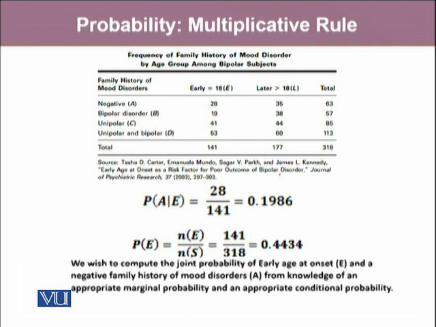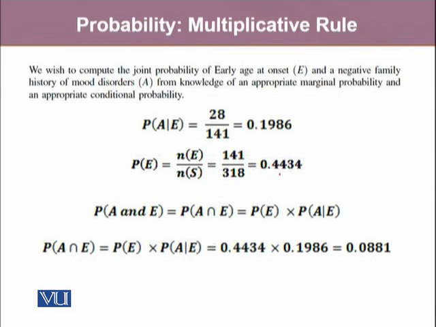If we wish to compute the joint probability of early age onset and negative family history of mood disorder, that is A, from knowledge of an appropriate marginal probability, which we already have, and an appropriate conditional probability, we are able to calculate their joint probability, which is given by the product of the marginal probability and the conditional probability.